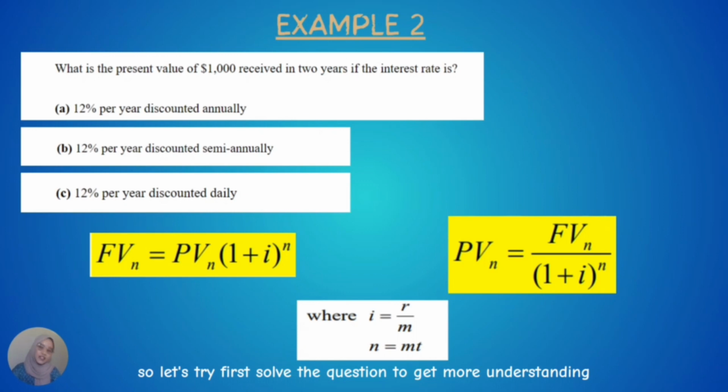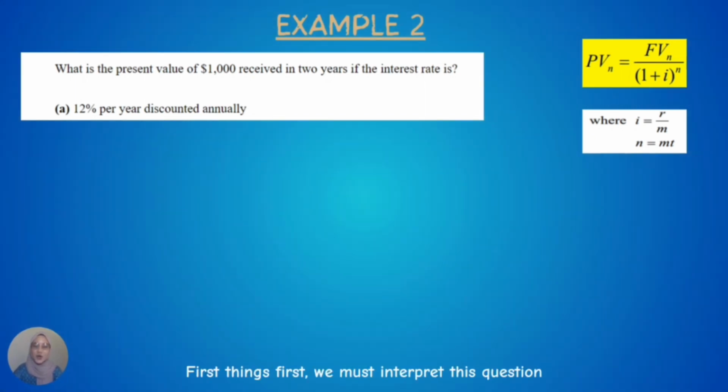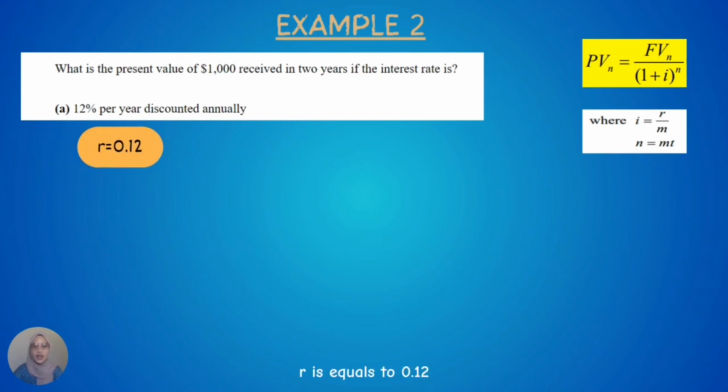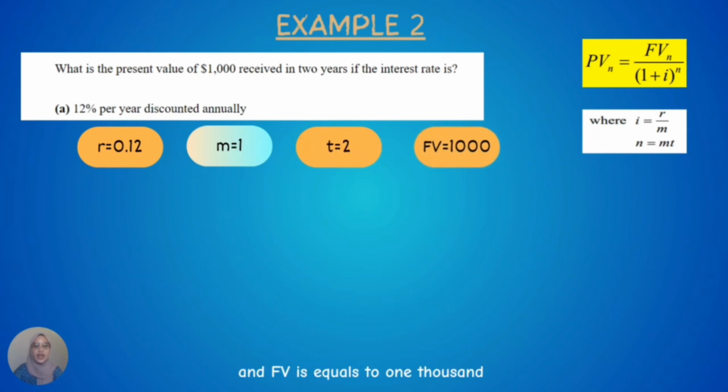So let's first solve the question to get more understanding. Here is the question. First things first, we must interpret it. We have r equals 0.12, m, the compounding frequency, equals 1, t, the time period, equals 2, and FV equals 1000.